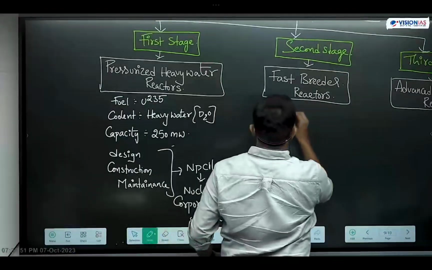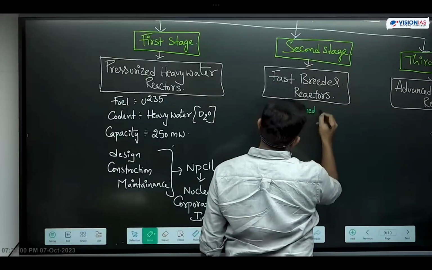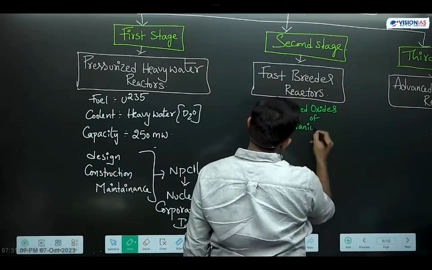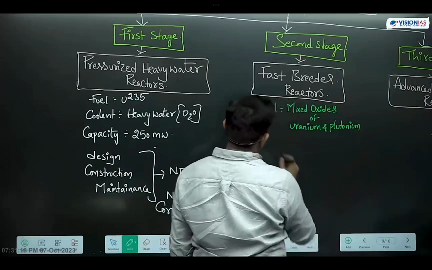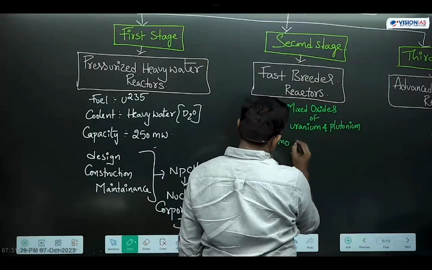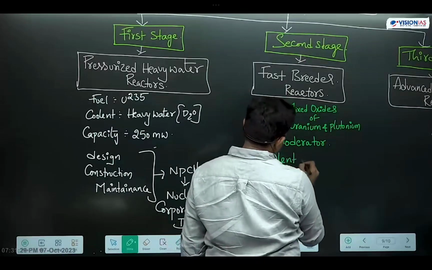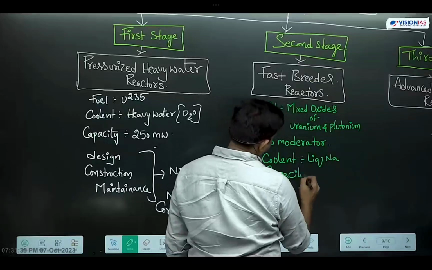And in the second stage of nuclear reactors, the fuel is mixed oxides of uranium and plutonium. No moderator is used. Coolant is liquid sodium. Capacity is 500 megawatts.